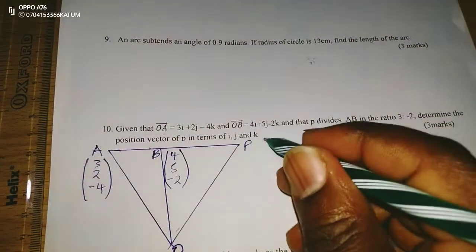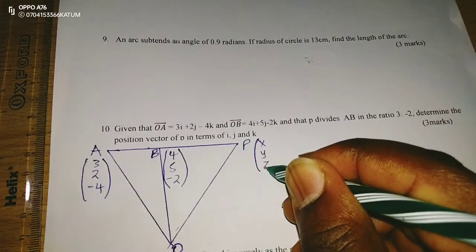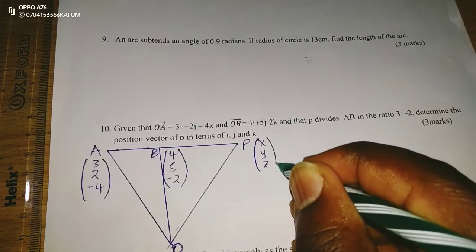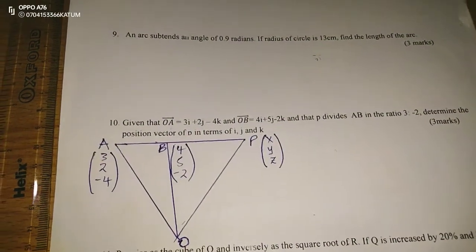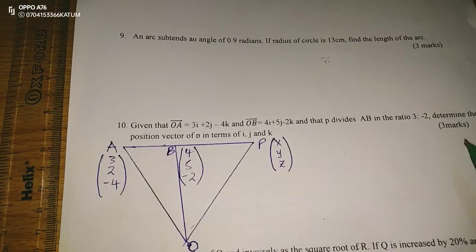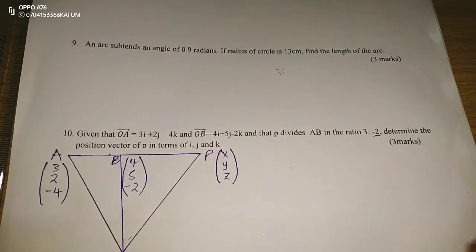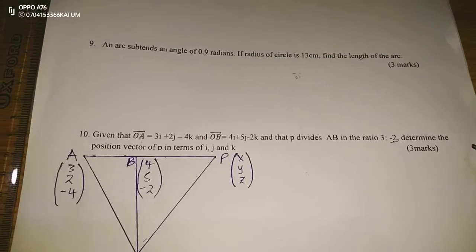Now P is unknown, and we will give it x, y, and z. It should be noted that when the divider is external, like in this case, the ratio is given a negative, that means it is an external divider.